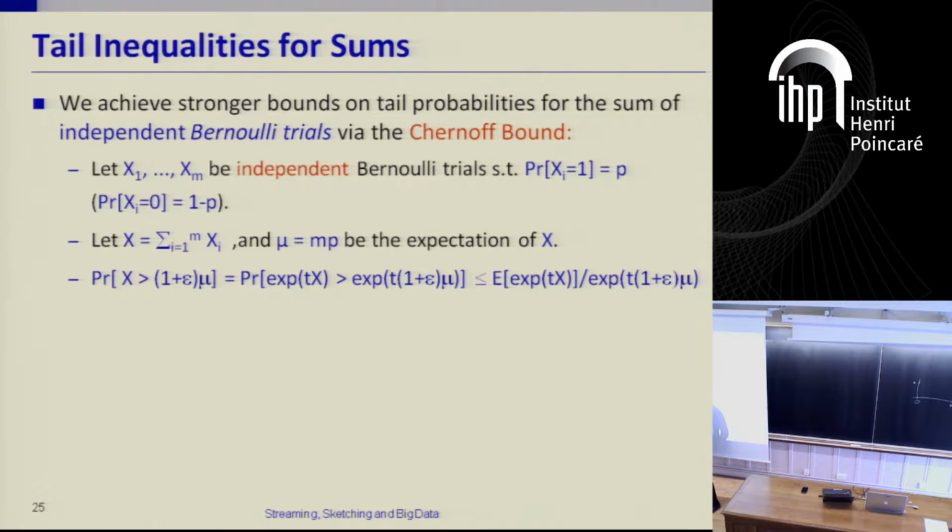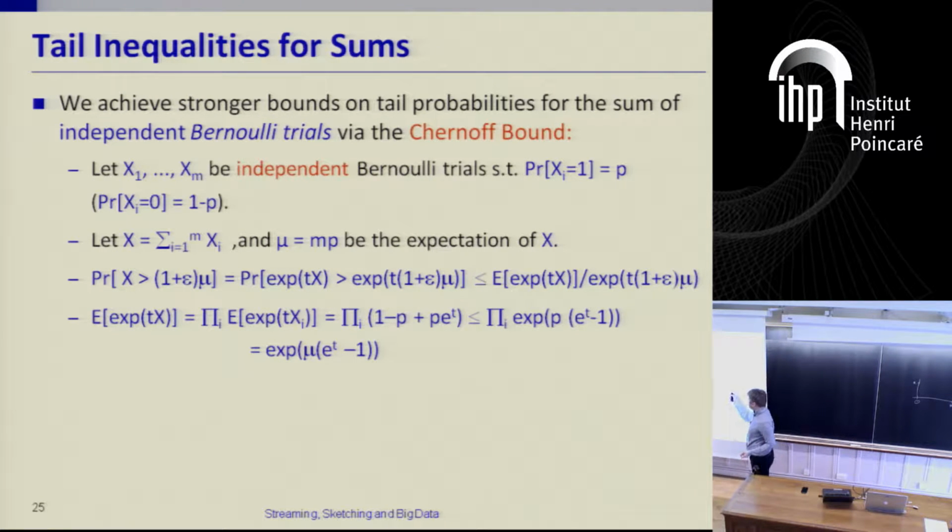If x is greater than 1 plus epsilon times its mean, then e to the power t x is greater than e to the power t times 1 plus epsilon times its mean. Once we've done this transformation, these two events are the same, we just manipulated it. Then we apply Markov's inequality, and what we're interested in is the expectation of e to the t x. And this is just some constant. So far I haven't fixed t, I'll fix t at the end of the analysis.